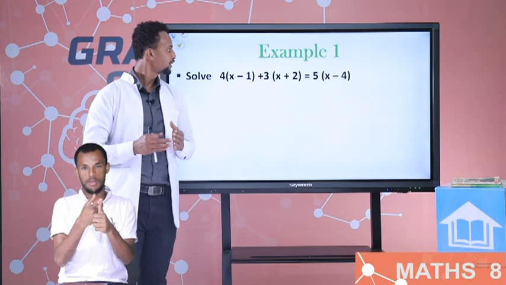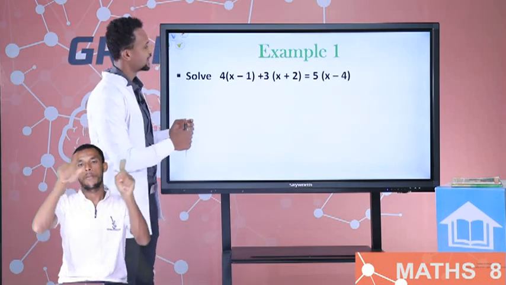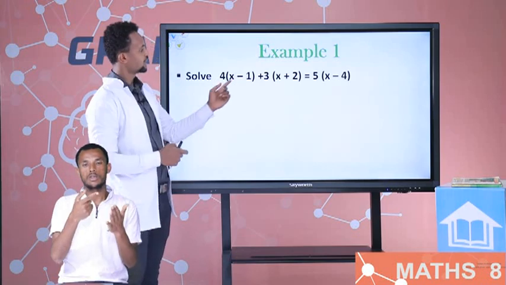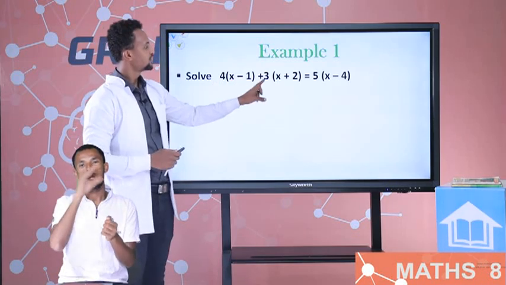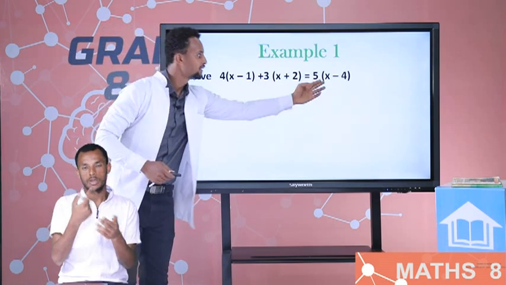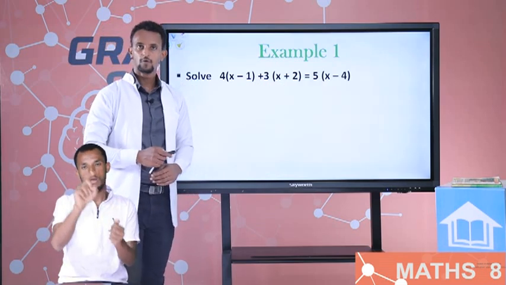To remove the bracket, let's use the distributive property. That means this 4 multiplies both x and 1, this 3 multiplies both x and 2, and this 5 multiplies both x and 4.